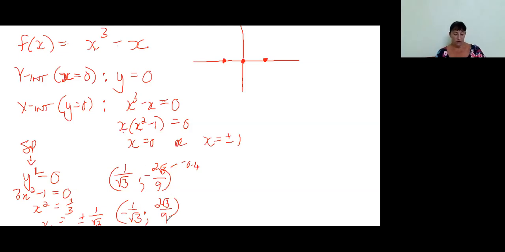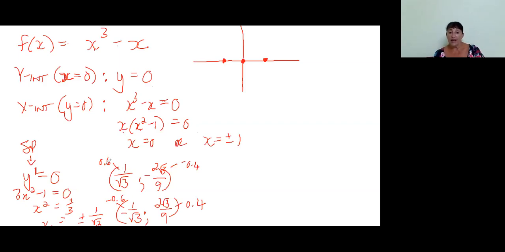And then, of course, if you work that out, that is 0.38, so 0.4. And I just want to work out what 1 over root 3 is. Okay, it's 0.6. So 0.6 and minus 0.6. So that just makes it easier to plot, all right?